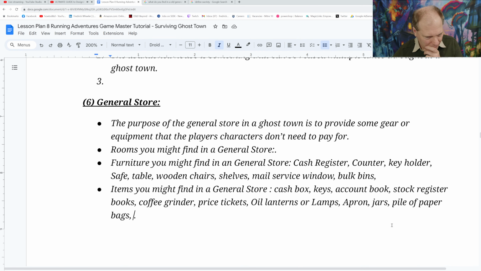Pen and pencil. Pencils. Parchment. Okay, now rooms. You would probably have a storage room. A stock room near the back for restocking your shelves.